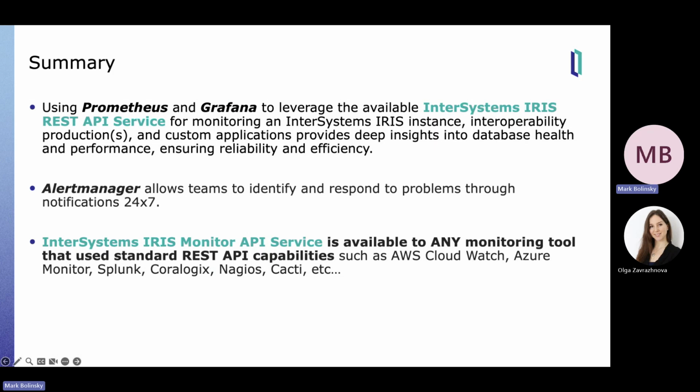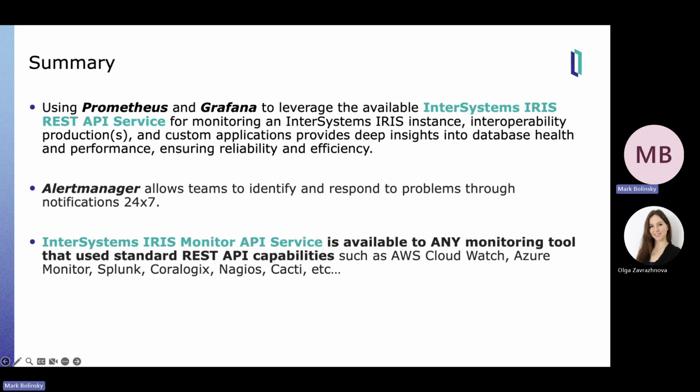So in summary, again, this is just using Prometheus and Grafana. Again, it's leveraging our standard REST API service. It's out of the box. It's not an additional fee or cost for anything. It's built into the product.